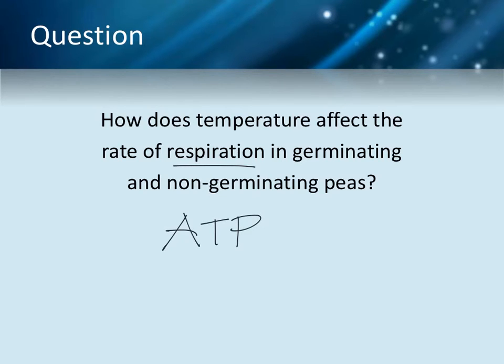So respiration is something that happens in all living things, but the first question is, will it be happening in the non-germinating seeds as well as the germinating seeds? And the second part of the question is, does temperature affect how quickly that's happening?